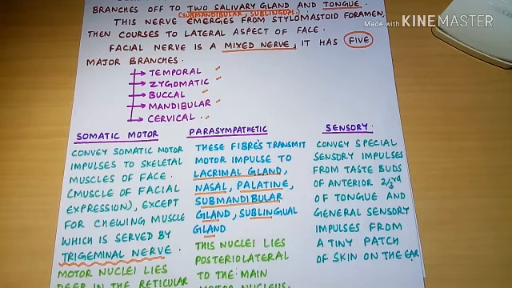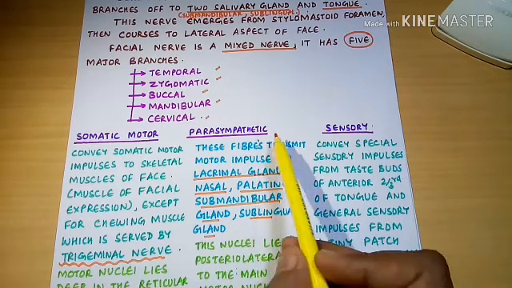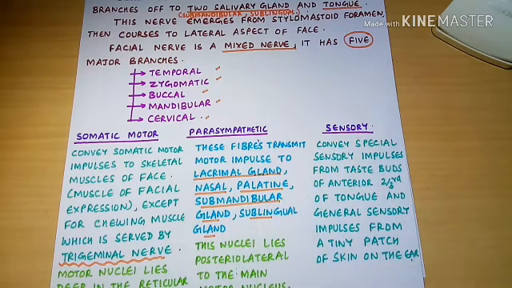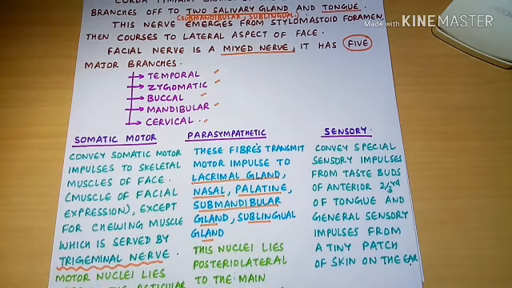So let's start. In general, the facial nerve has three types of fibers: somatic motor fibers, parasympathetic fibers, and sensory fibers. We covered these types of fibers in the previous section. The somatic motor fibers convey somatic motor impulses to the skeletal muscles of the face, which are the muscles of facial expression, except for the chewing muscles, which are supplied by the trigeminal nerve, the fifth cranial nerve.